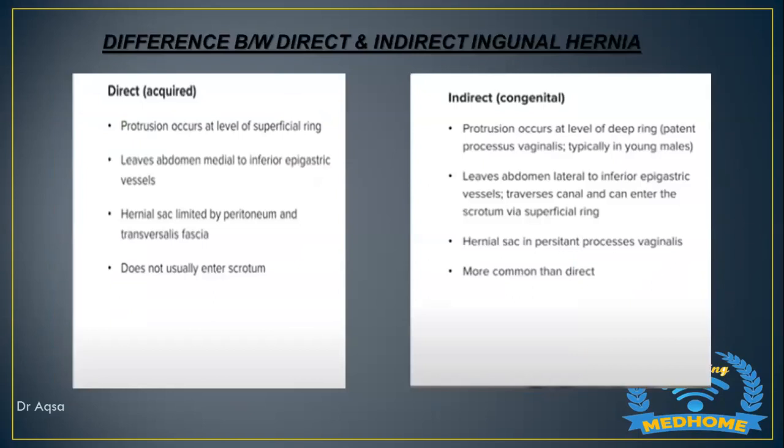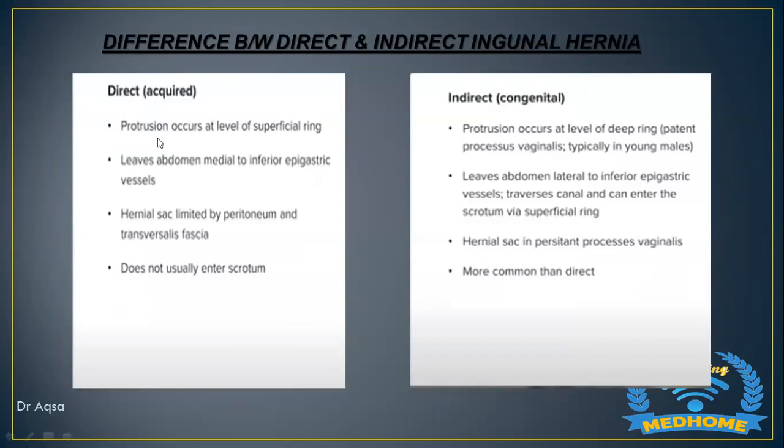Okay, I'm going to tell you, and then anyone can repeat it for me. Direct inguinal hernia is acquired during the lifetime, while indirect inguinal hernia is a congenital hernia.